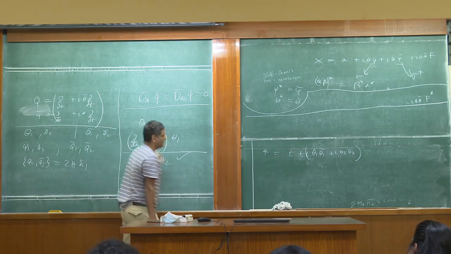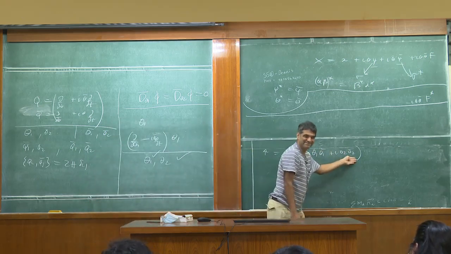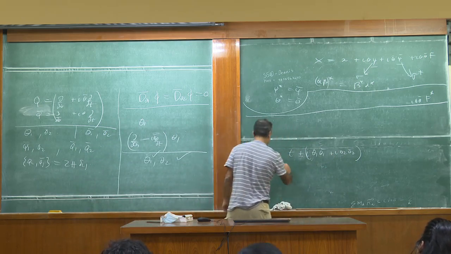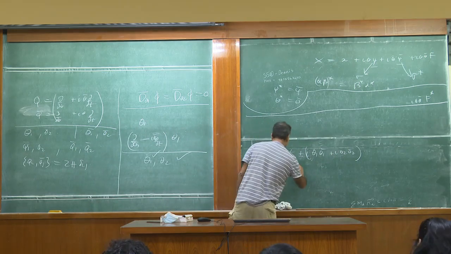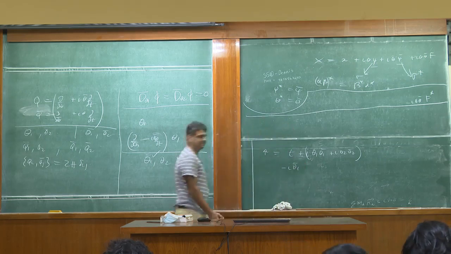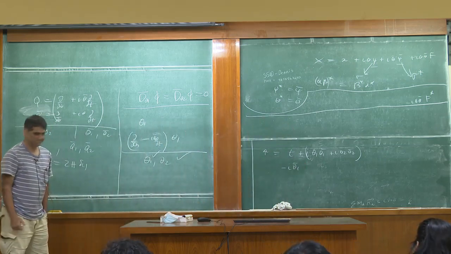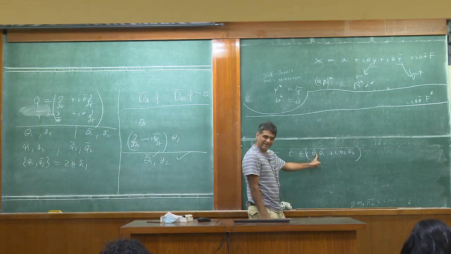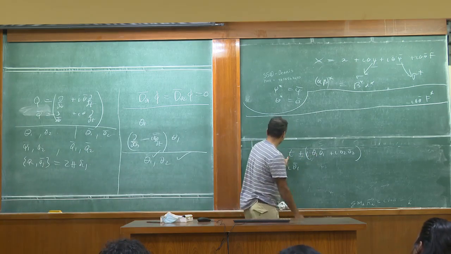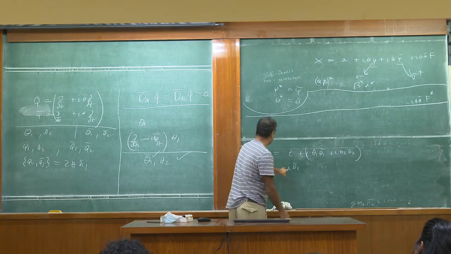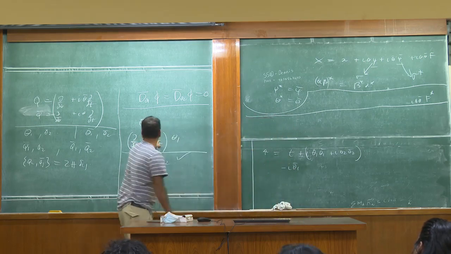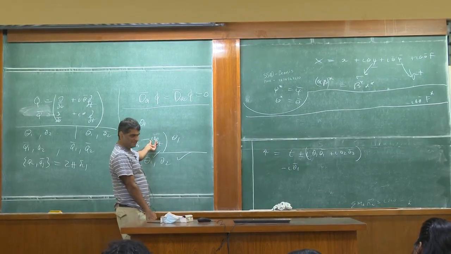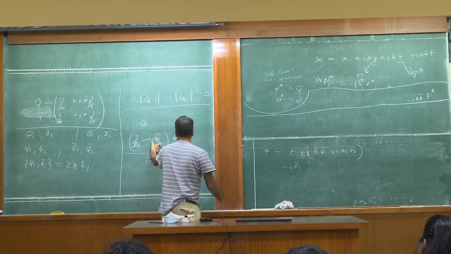The d1 bar operator clearly kills this guy. It acts on t by giving you a minus I theta 1, no bar.